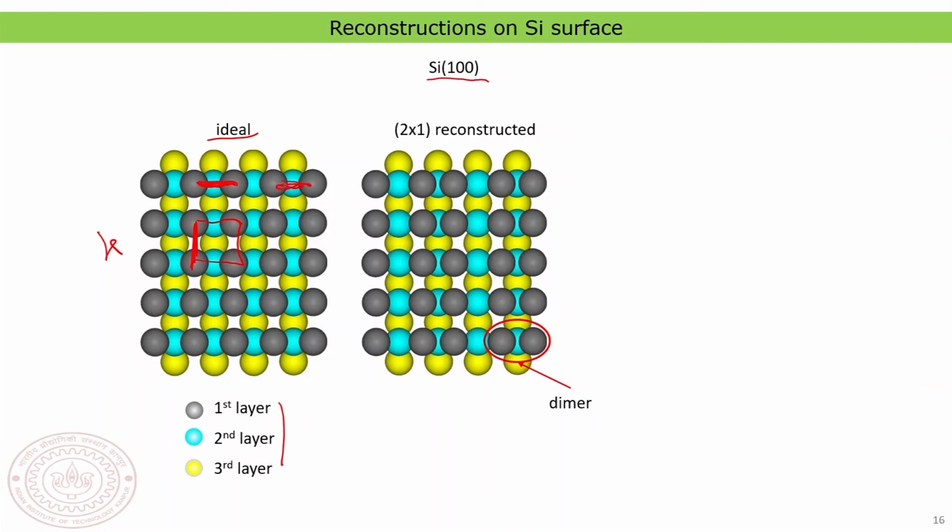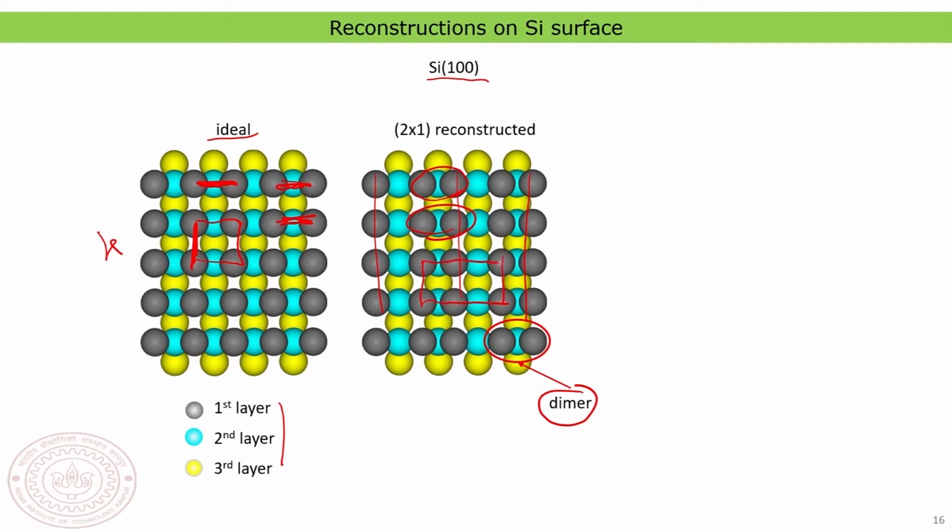The two adjacent atoms come closer and bind together and form something called a dimer. Ideally, what you see is that you form dimer rows along the 100 lattice. When more dimers are formed, each of these dimers feels much more stable because their coordination has increased.